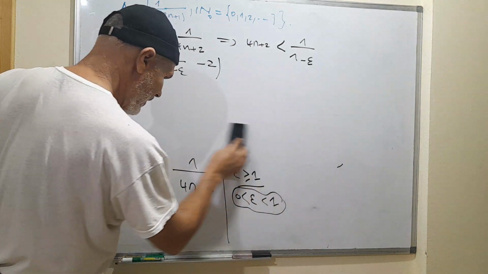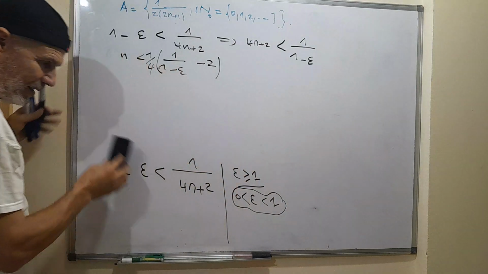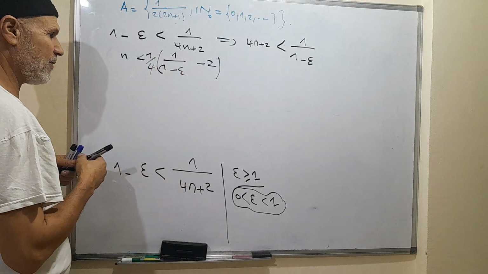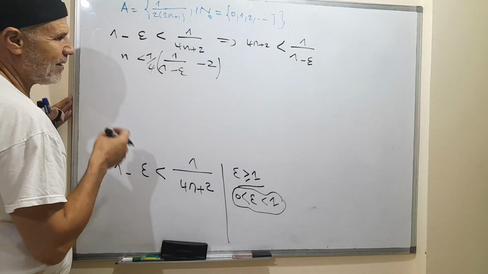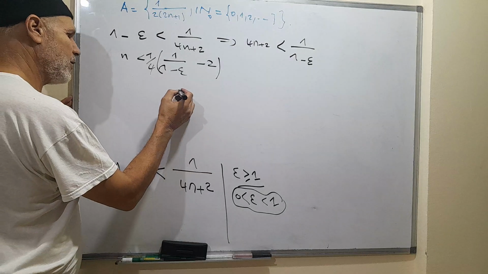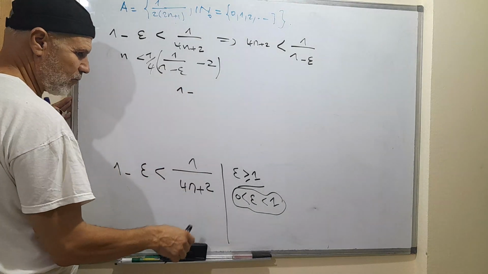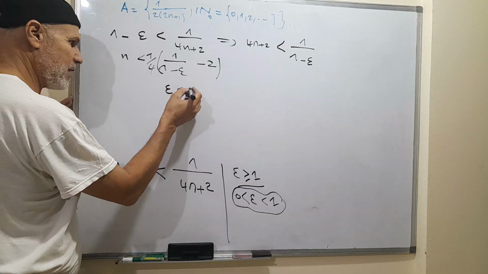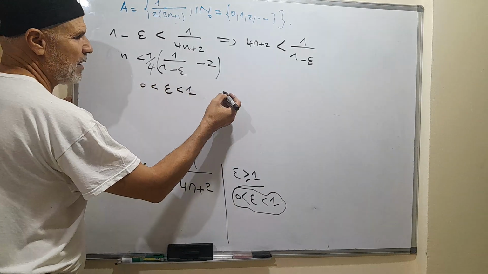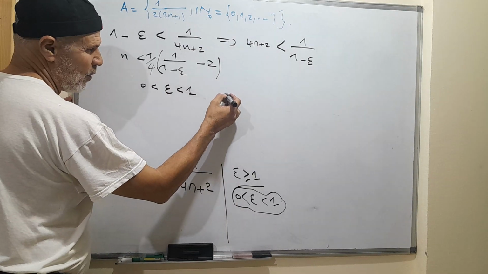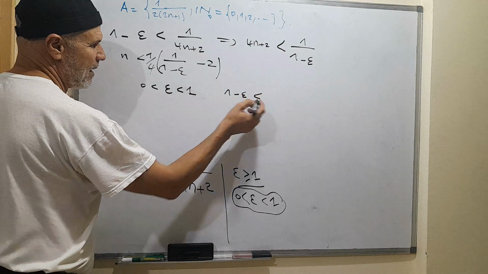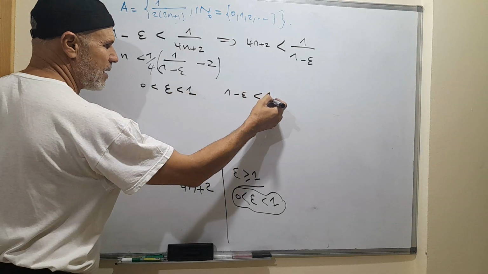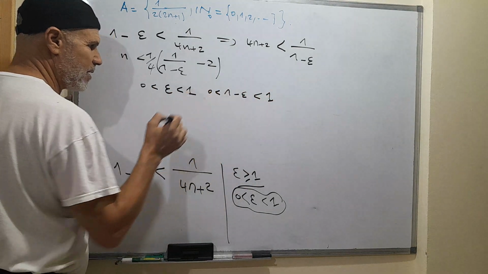For this aim, we need to decide in which interval this real number belongs. 1 minus epsilon is less than 1 and greater than 0.